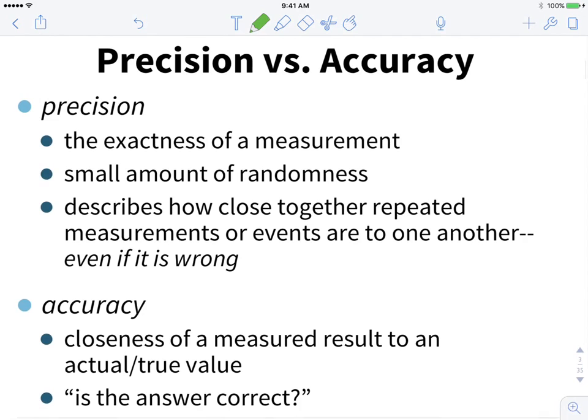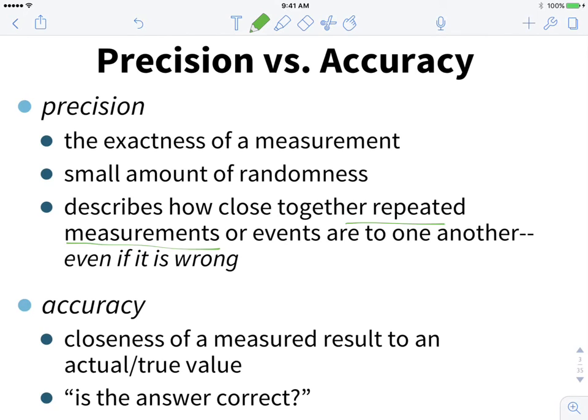So this brings us to our next big idea, which is precision and accuracy. What's the difference between them? Unfortunately, people seem to use these interchangeably. When people talk about a precise measurement, a lot of times they're talking about how accurate it is, and they're misusing it. When I talk about precision, I'm mainly interested in reproducibility, so how close a repeated measurement is to another.